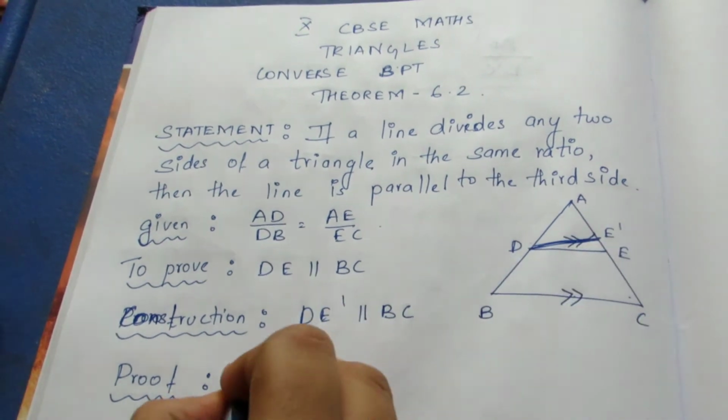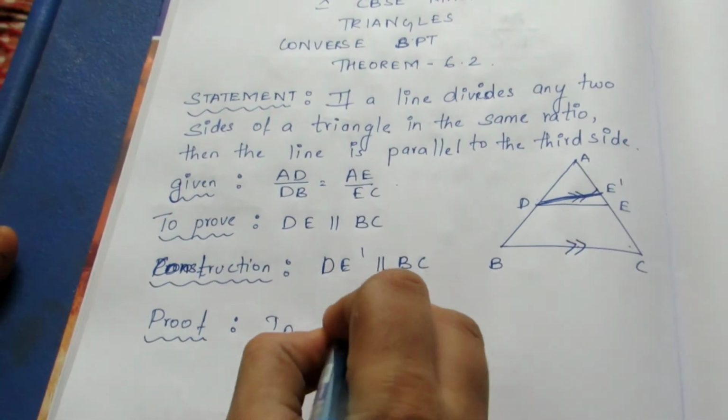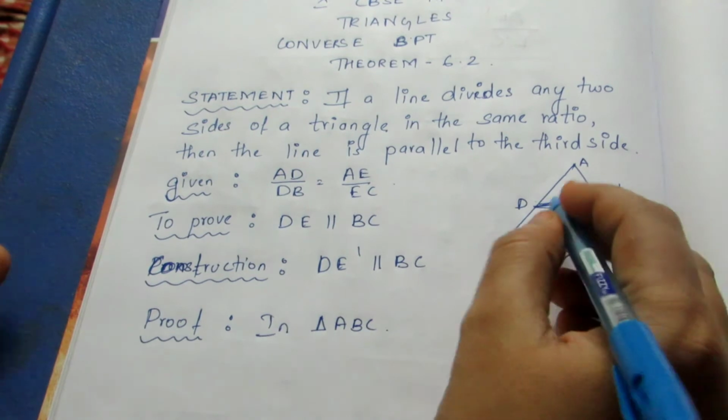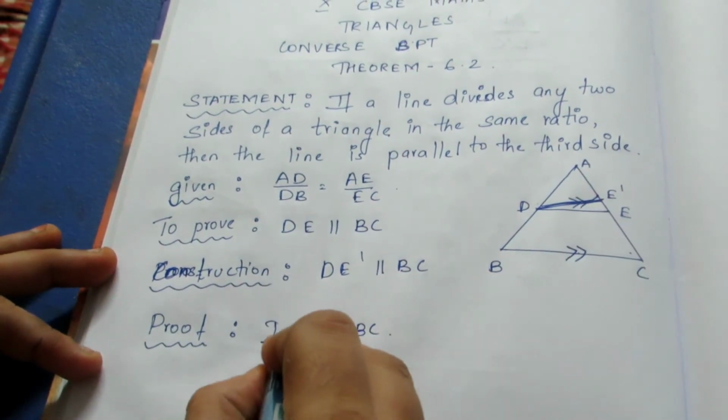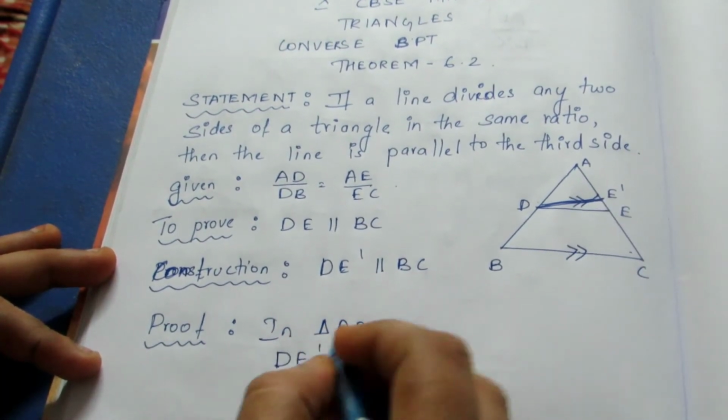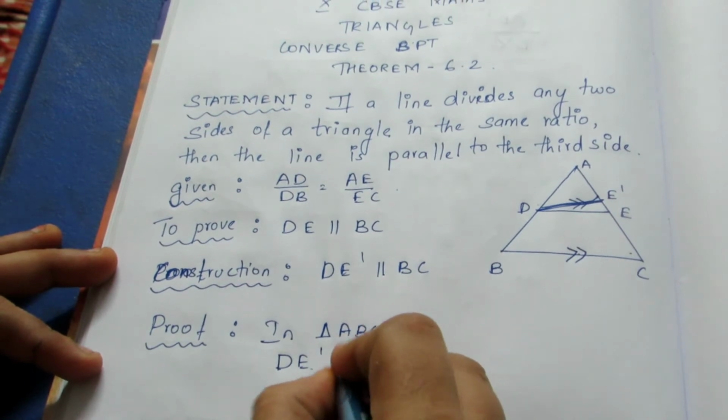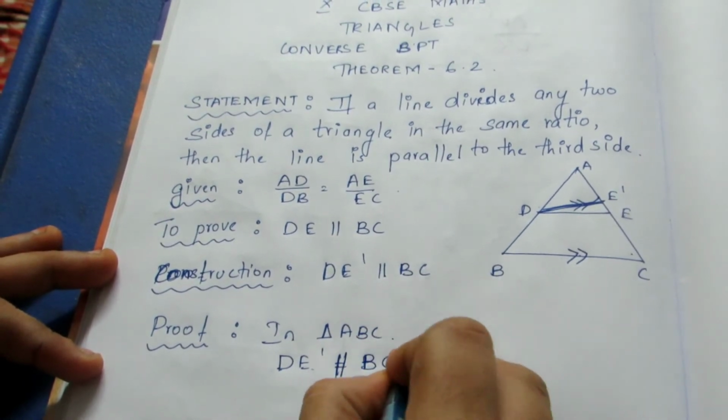Taking triangle ABC, in triangle ABC we know that DE dash is parallel to BC.